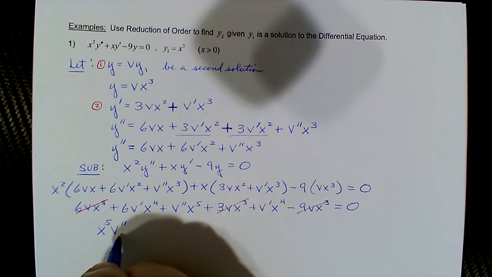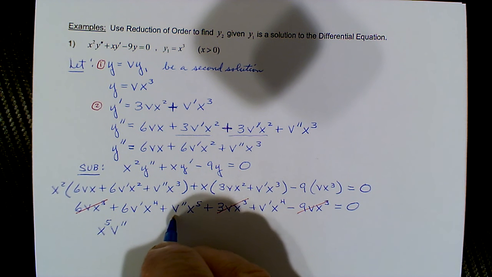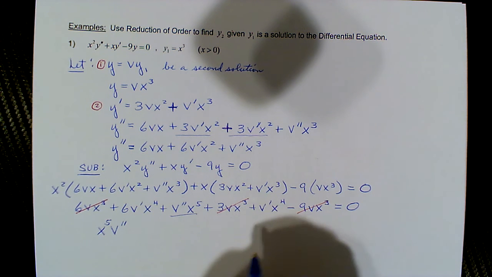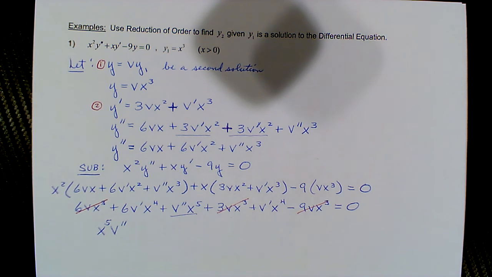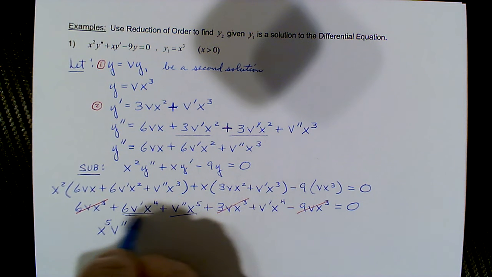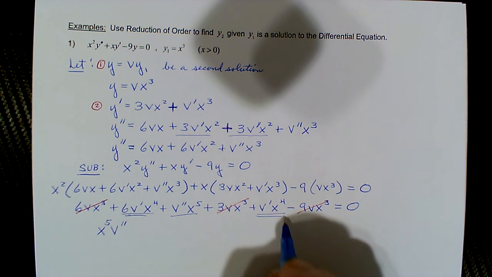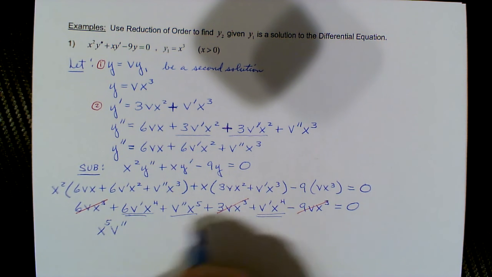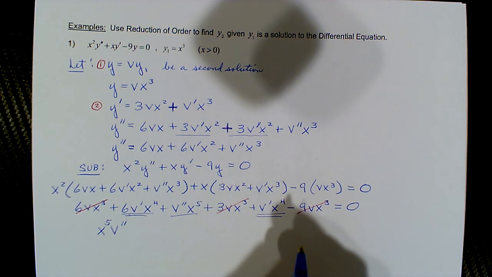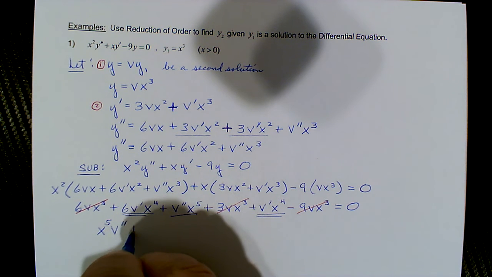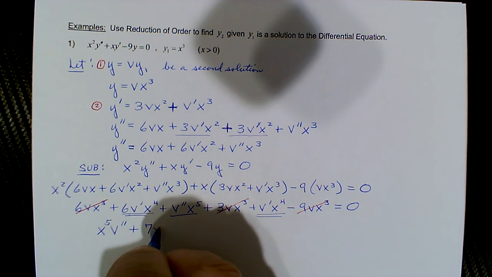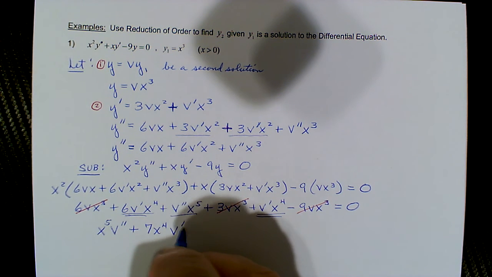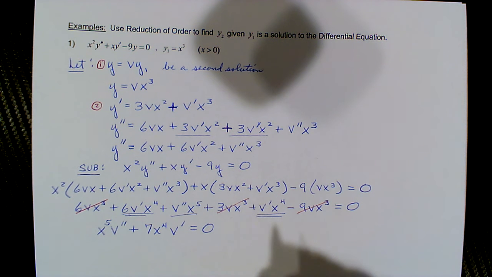So x to the fifth v double prime is this term, and then we have from the other two terms that remain, v prime is common. Actually, let's just add them together because they're like terms, and we get 7x to the fourth v prime equaling 0.